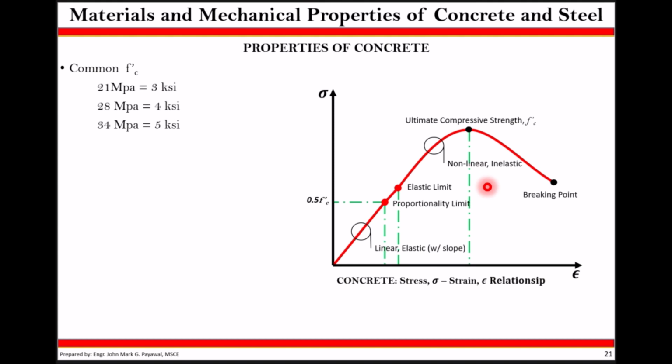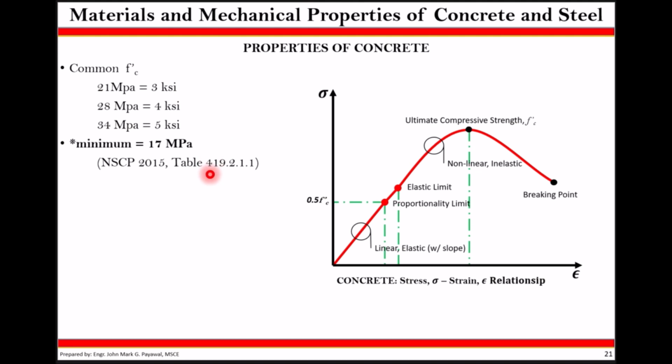The common values for Fc prime are 21, 28, 34 MPa. This is 3 ksi, this is 4 ksi, and this is 5 ksi. K is 1,000 pounds, meaning this is 3,000 psi. The minimum Fc prime as per NSCP 2015 is 17 megapascal.